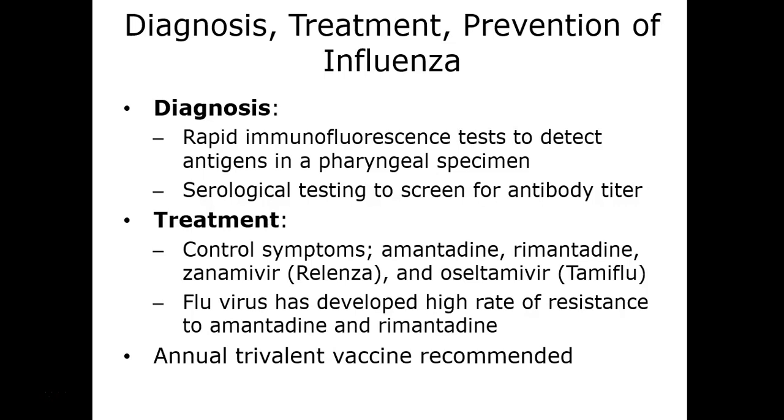And there are a load of different treatments on the market today, including amantadine, rimantadine, zanamivir, and the one that we think of, oseltamivir, whose common name is Tamiflu. That's the one that's often prescribed to you when you go to the pharmacist after contracting influenza. The flu virus has a very high rate of resistance to both amantadine and rimantadine.